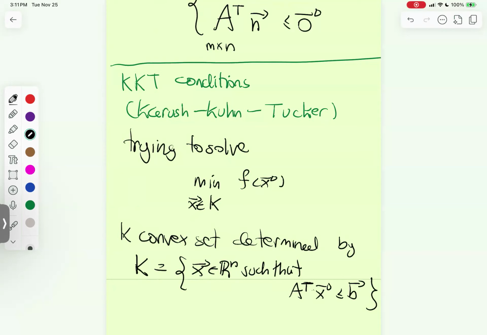So what the KKT conditions do is characterize a local minimum.